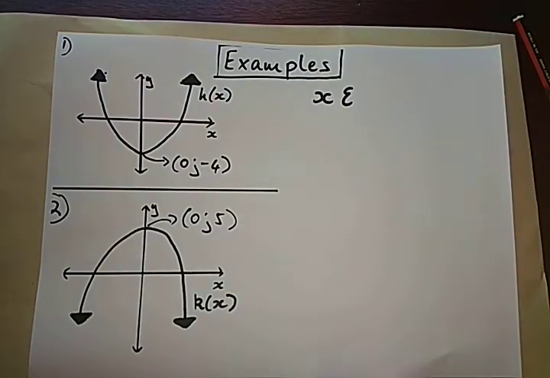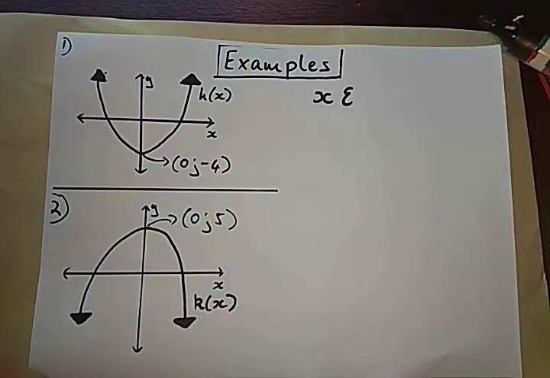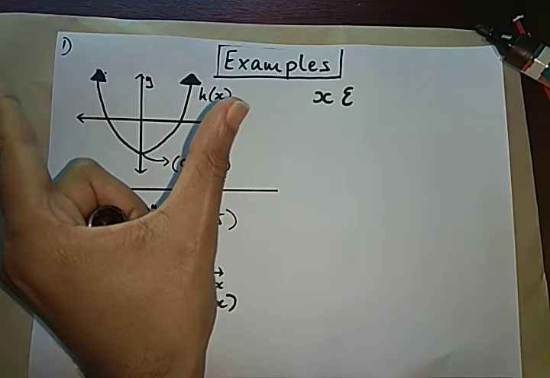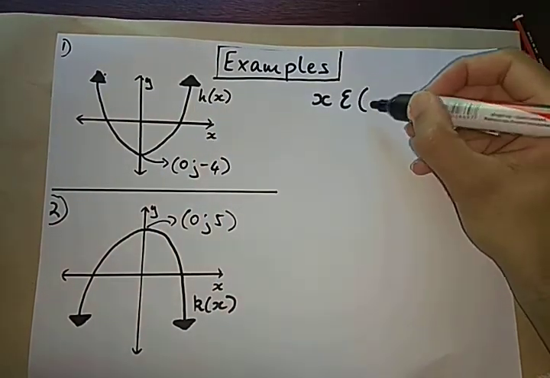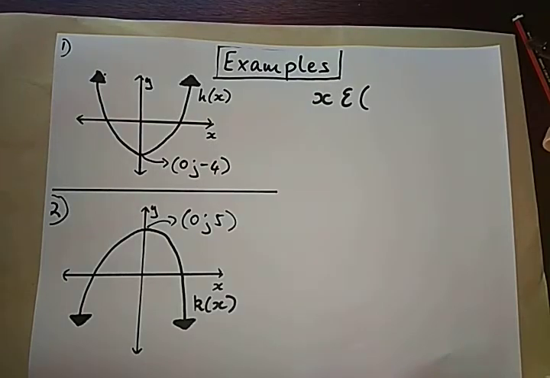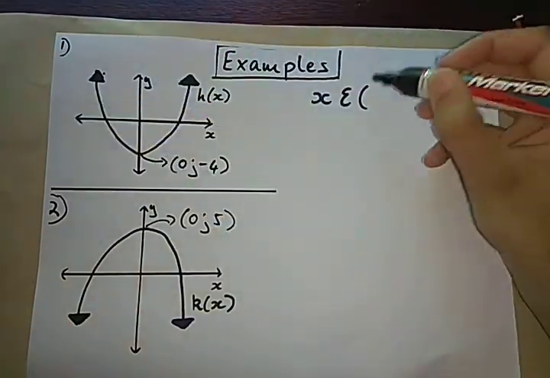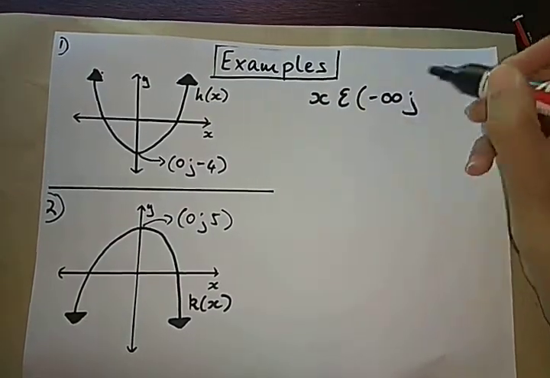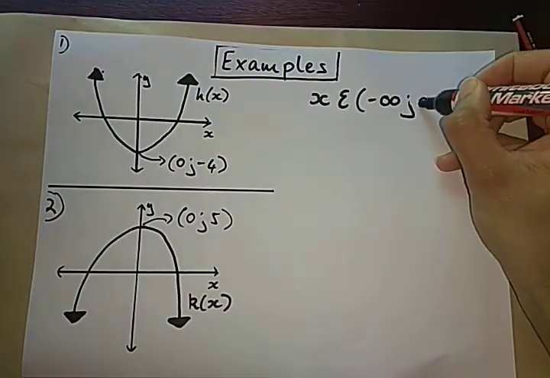Well, remember, a parabola, because it has these arrows, continues infinitely, and also a parabola stretches outwards in an infinite domain. So the domain will be similar to our straight line in the first example. The domain goes all the way to negative infinity, which would be our smallest value, expanding all the way to positive infinity.